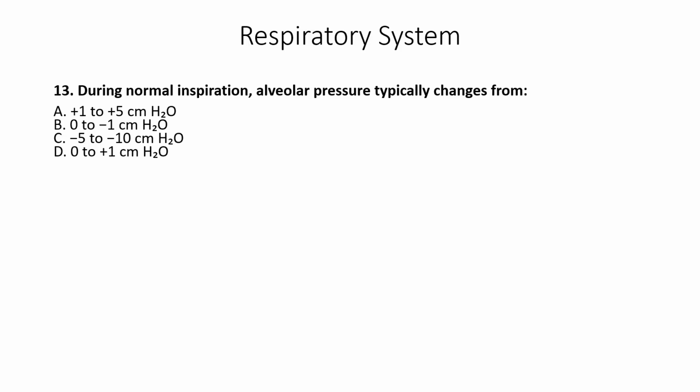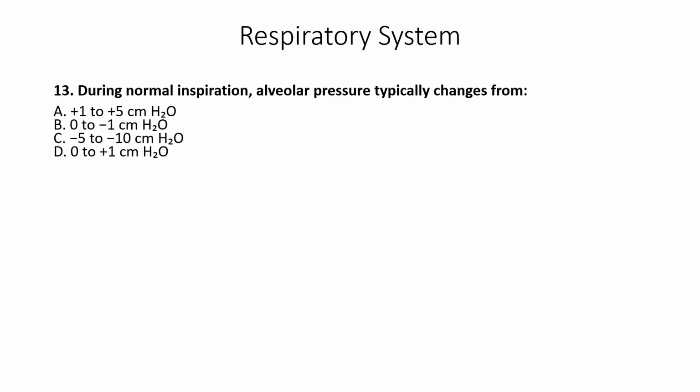Essentially you'd need a suction, right? You'd need a negative pressure that allows the gas to move into the alveoli during normal inspiration. So the alveolar pressure falls a little bit, but it needs to be a suction pressure because it needs to pull the air into the alveoli, right?